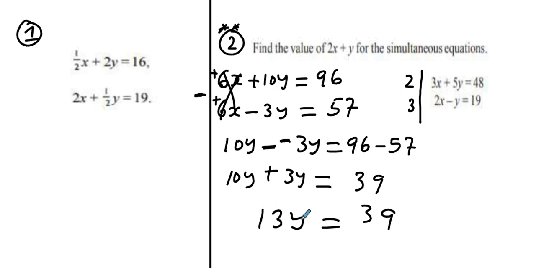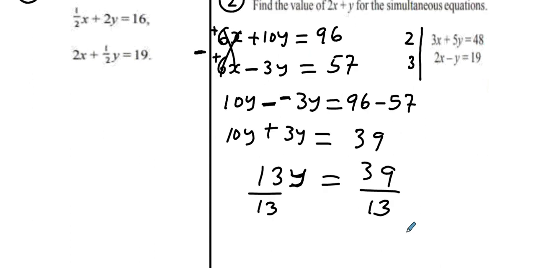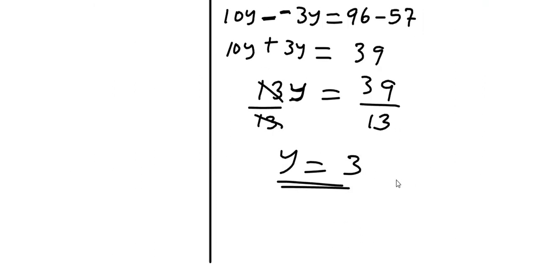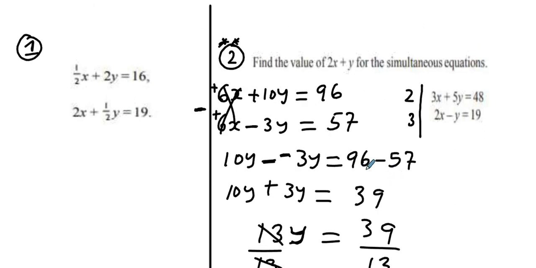To find the value of y, you need to divide by 13. So y will be equal to 39 divided by 13, which is 3. See that? Now, we already know the value of y. Okay, how about the value of x?